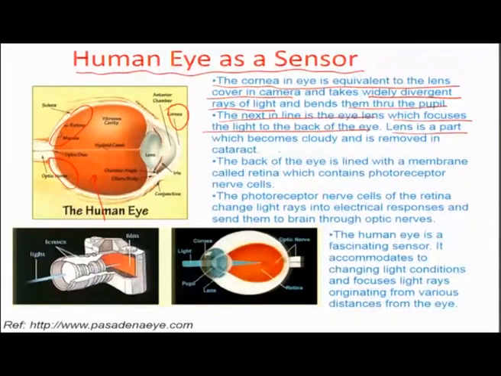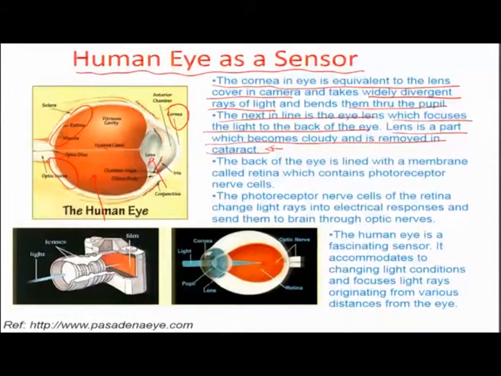The lens is the part which becomes cloudy and is removed due to cataract, etc. So there is not much focus if the eye lens goes bad, or even the intensity gets curtailed and not enough sensation is felt by the retina, so it cannot give signals to the brain anymore. So this eye lens works as the camera lens, focusing the light into the inner chamber of the eye.